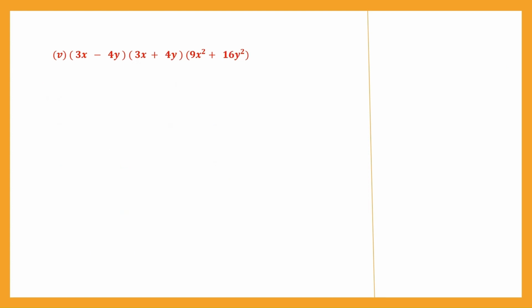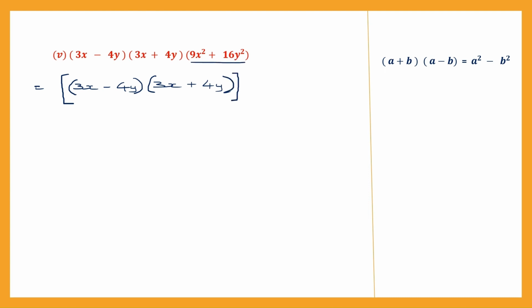Question 5. So here we have 3x minus 4y into 3x plus 4y into 9x square plus 16y square. So we can take these two and apply this formula. So let's begin that. So that will be 3x minus 4y into 3x plus 4y.